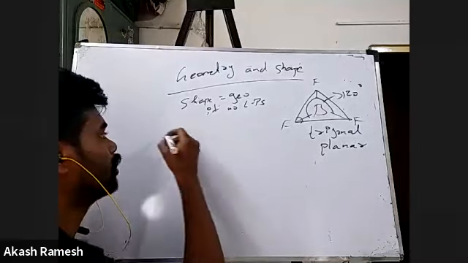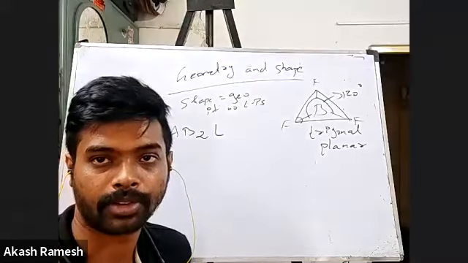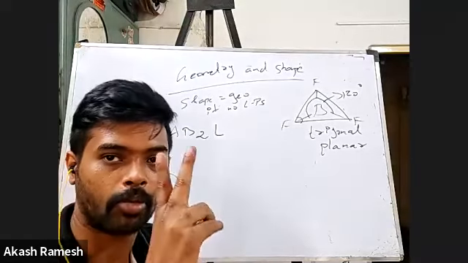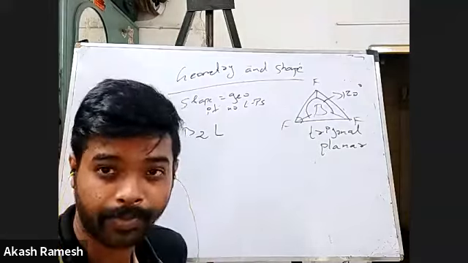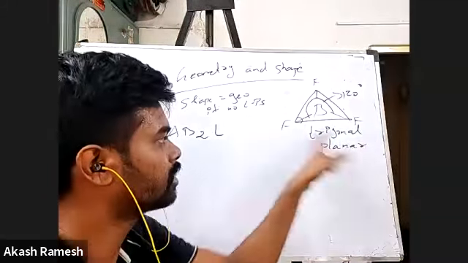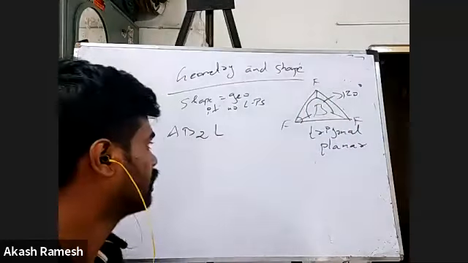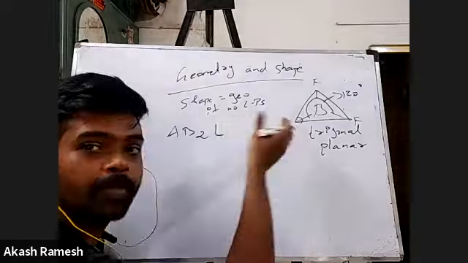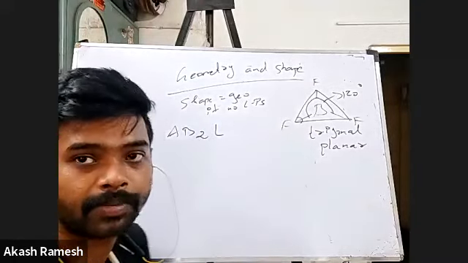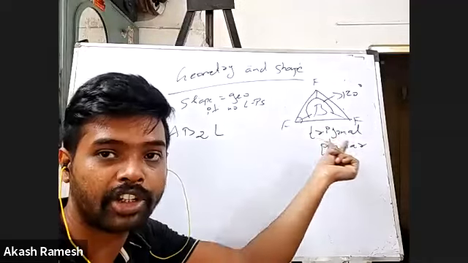Let me look into AB2L type of molecules. Again, steric number is 3: 2 bonding atoms and 1 lone pair. Now, if all 3 were bond pairs, the molecule would be expected to have a shape like this.